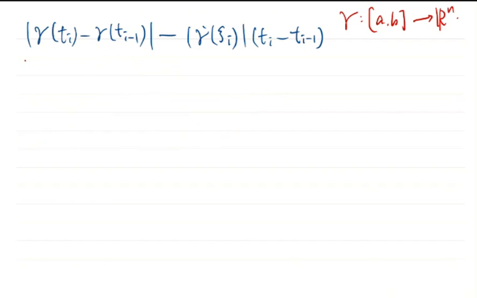How to estimate this? So this is a norm of a vector. We suppose the components of gamma are gamma 1 to gamma n. Gamma is a vector valued function. It has n components. So we need to work with components.